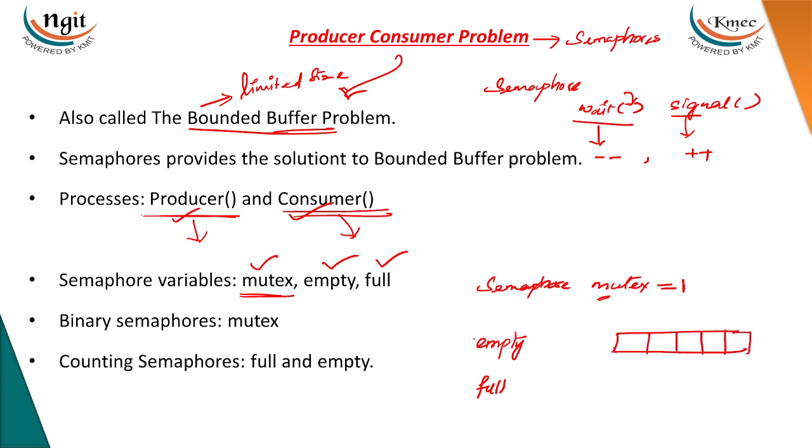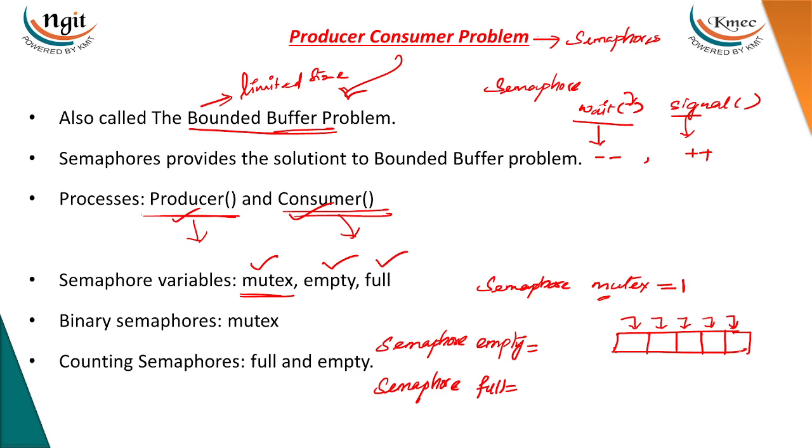Assume that there are n locations. Here I will take 5 locations. Then the semaphore variables empty and full are counting semaphores. Empty means the number of empty locations in the buffer.